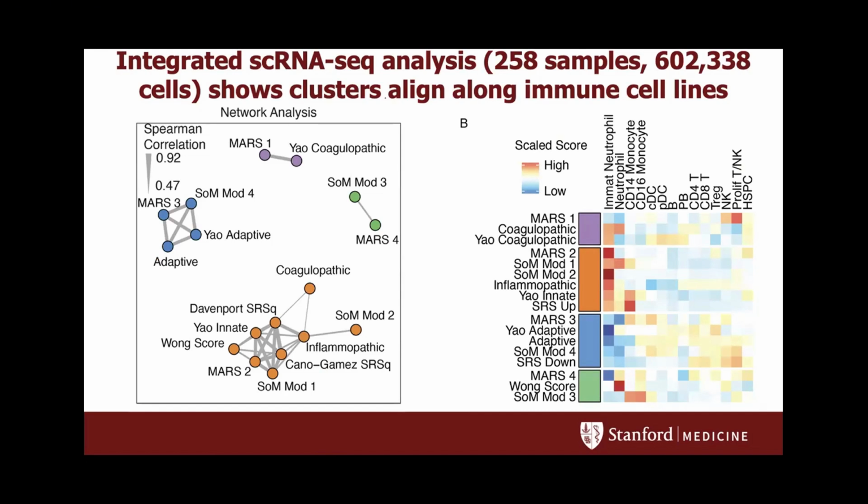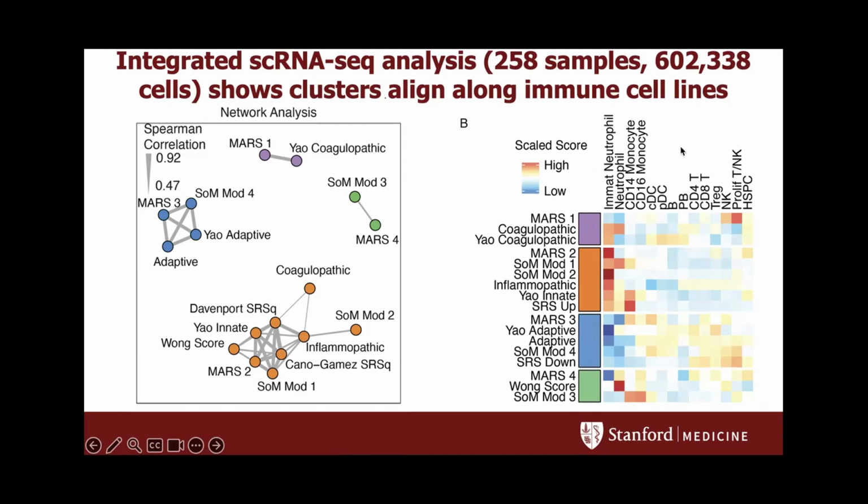So on the left is the network analysis, showing the identified cluster that we already talked about. And on the right is the results of the single-cell analysis. So on the y-axis, you can see the scores separated by the clusters that we defined. And then on the x-axis is cell type. Then you can see scaled scores with high scores in red and low scores in blue.